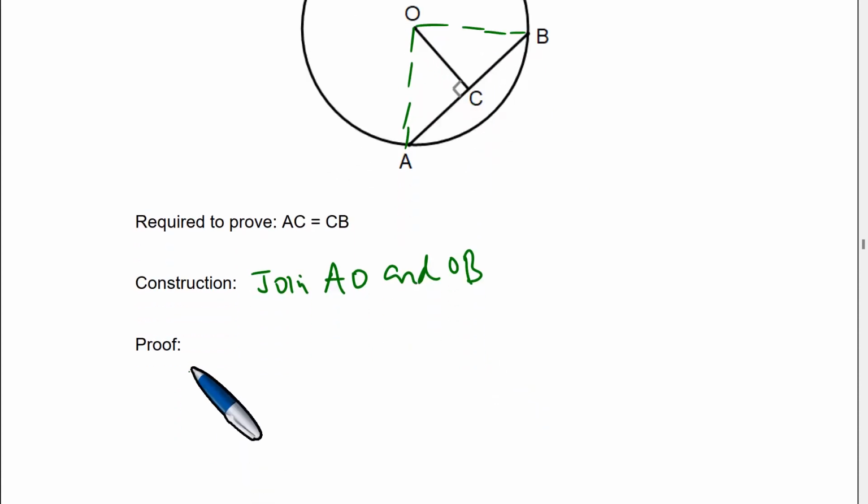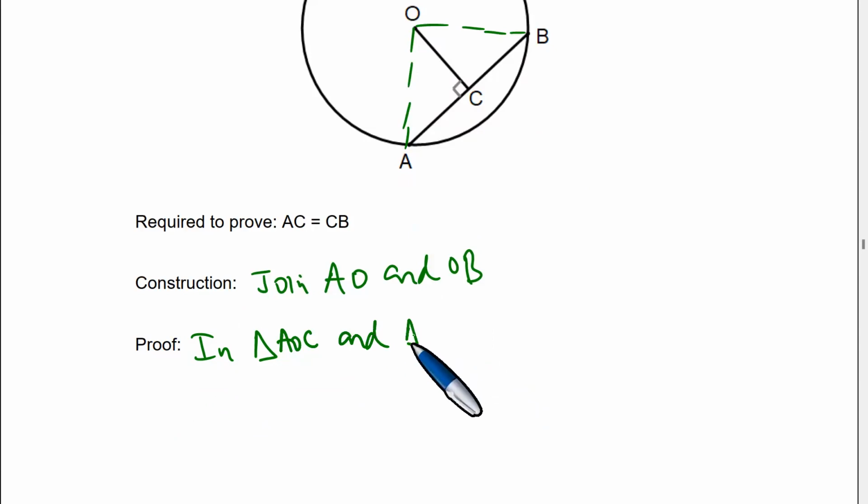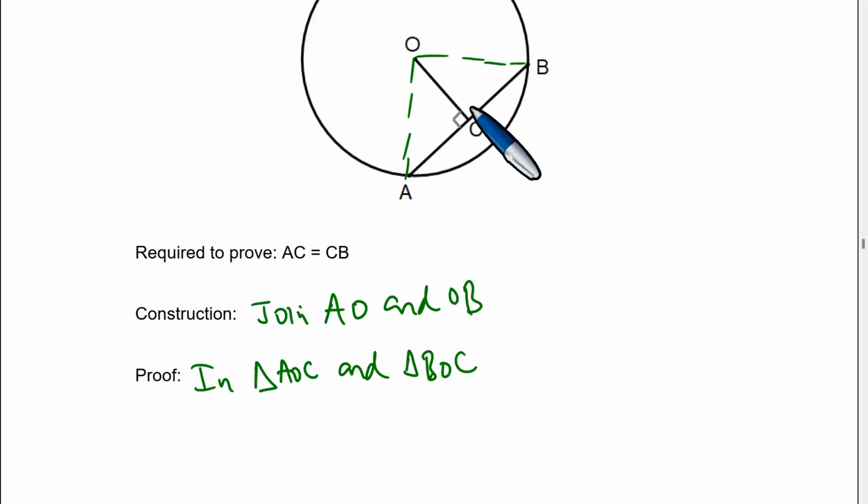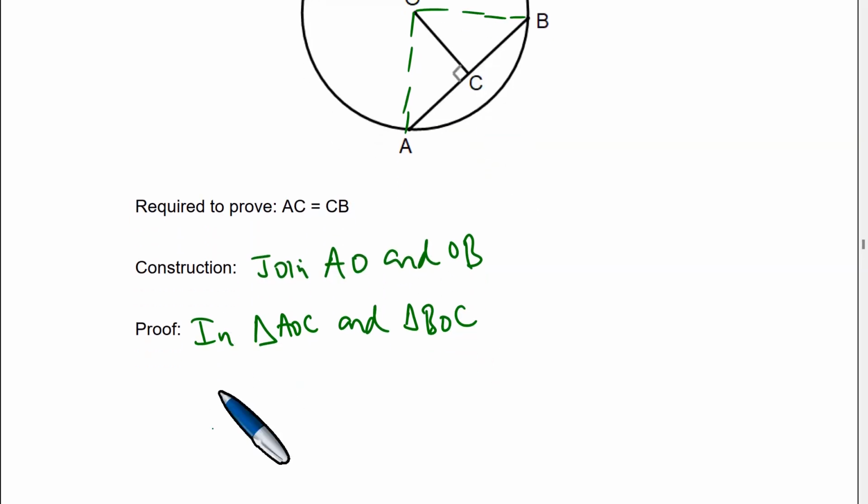In the proof, you're going to start by saying, Mr. Examiner, you're going to work in triangle AOC and triangle BOC. And then you have OC, OC is a common side.